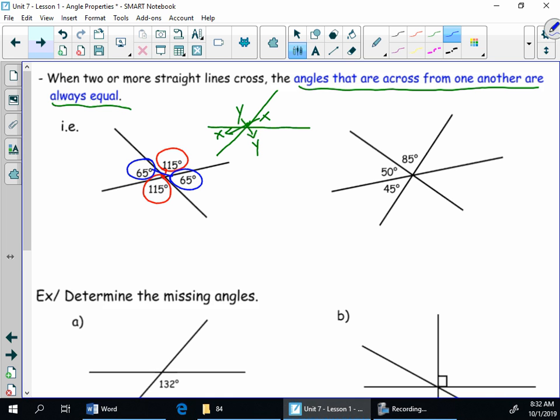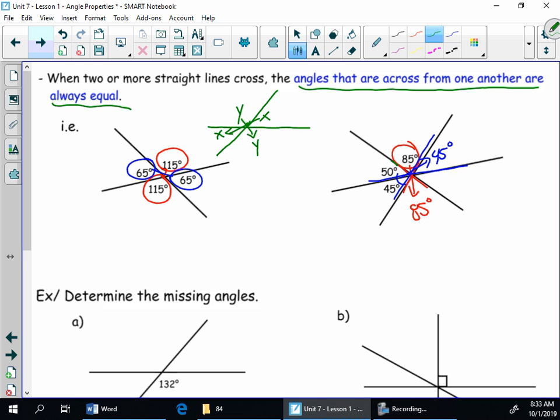That allows us to look at this next one and solve some things. So, 85 is across from 85. 45 is across from 45.